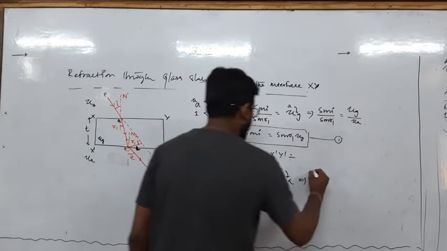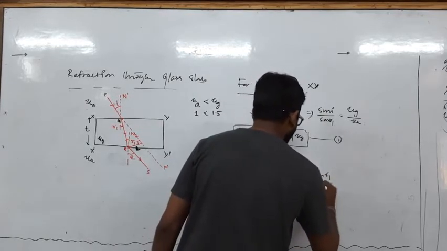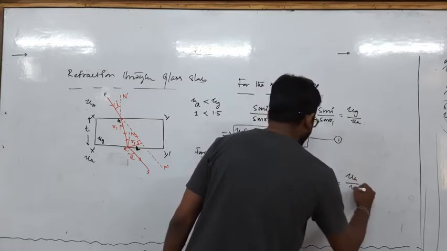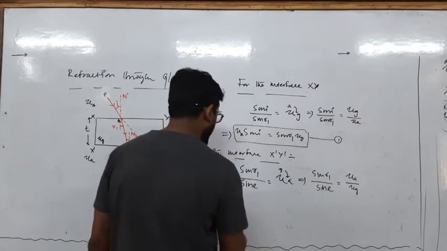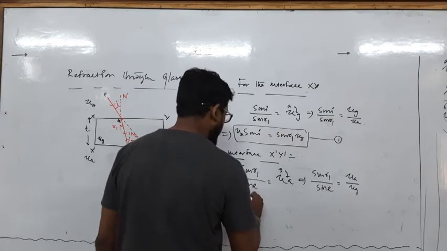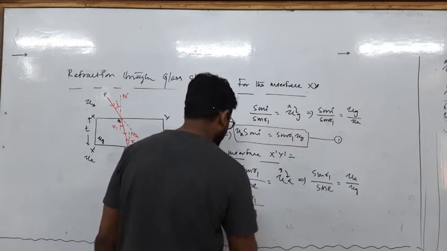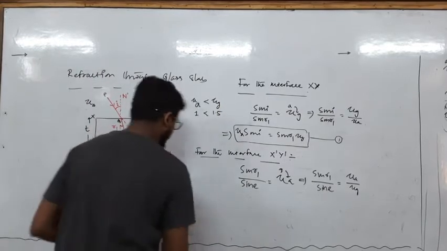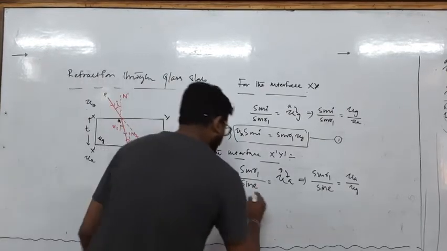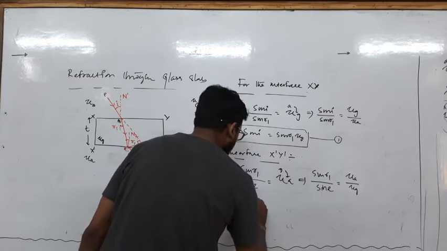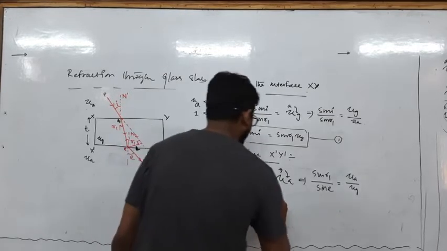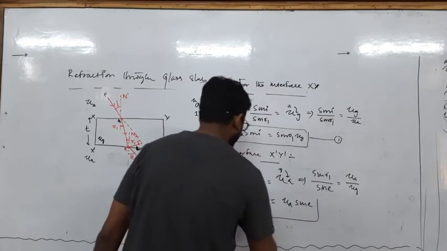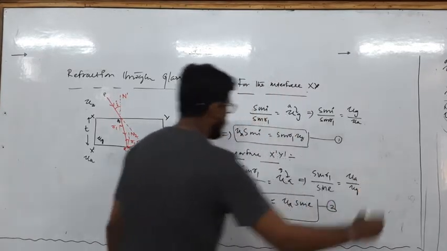So I can write sin R1 by sin E equal to mu of air by mu of G, or by cross multiplying this, I can write mu G sin R1 equal to mu A sin E. Let it be equation 2.